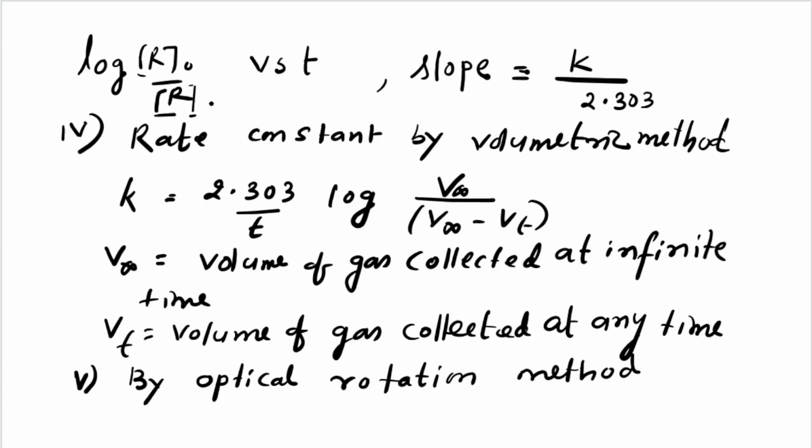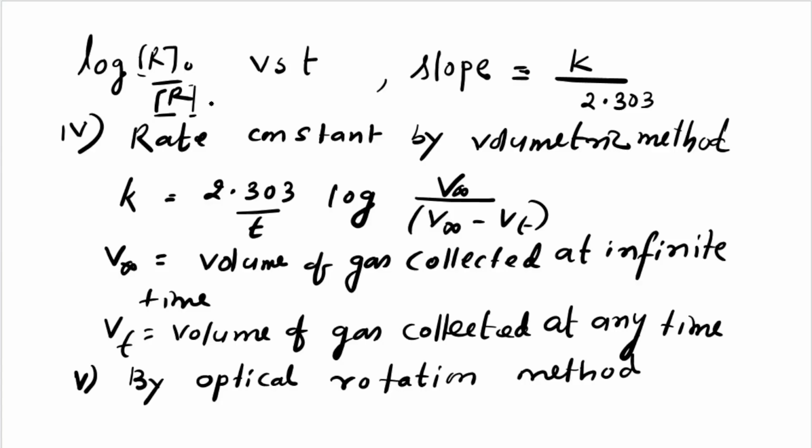Rate constant by the volumetric method. If it depends on volume, what is the rate equation? The rate constant k = (2.303/t) log V∞/(V∞ - Vt). What is the meaning?